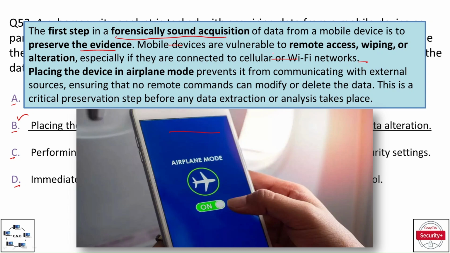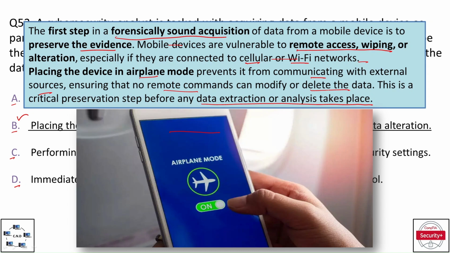Mobile devices are vulnerable to remote access, wiping, or alteration, especially if they are connected to cellular or Wi-Fi networks. Placing the device in airplane mode prevents it from communicating with external sources, ensuring that no remote commands can modify or delete the data. This is a critical preservation step before any data extraction or analysis takes place.